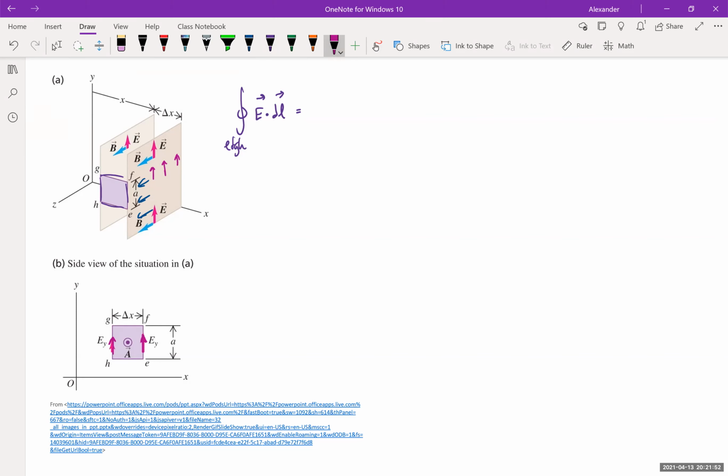We can pull it outside the integral E dot DL, and then we're just integrating DL along path EF, which has length A. And those are in the same direction.